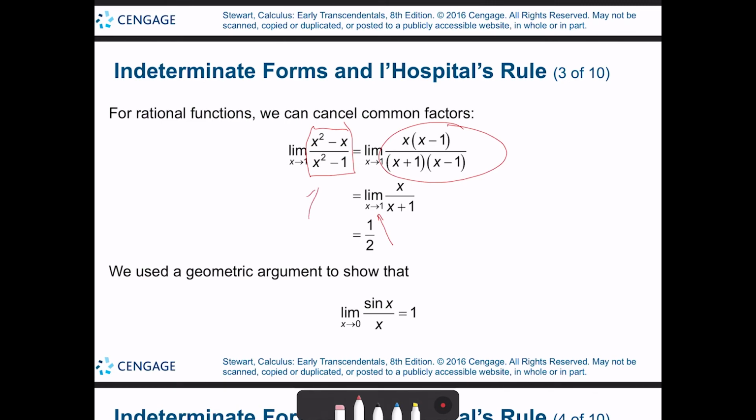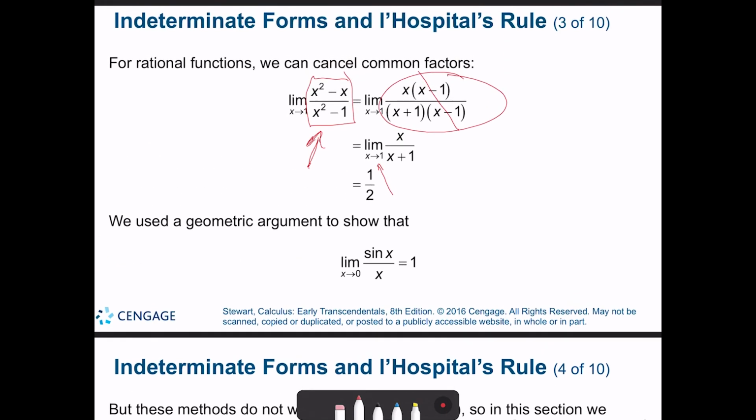We couldn't do that without eliminating this factor of x minus 1 from the numerator and denominator, because at its outset, direct substitution of the number 1 would result in a numerator and denominator of 0.